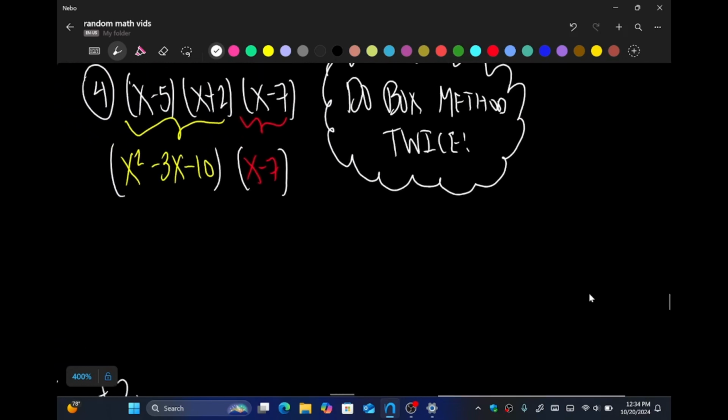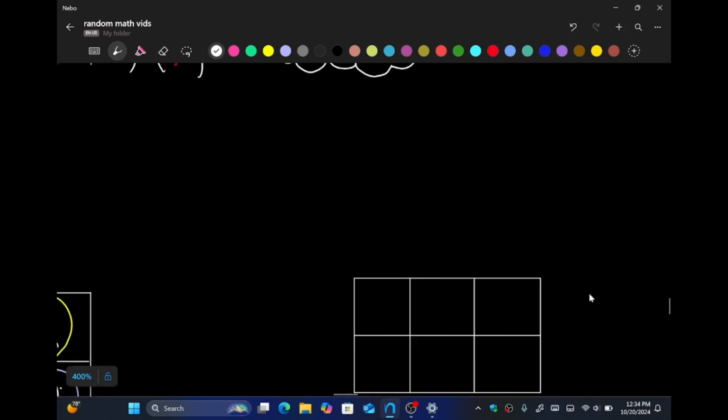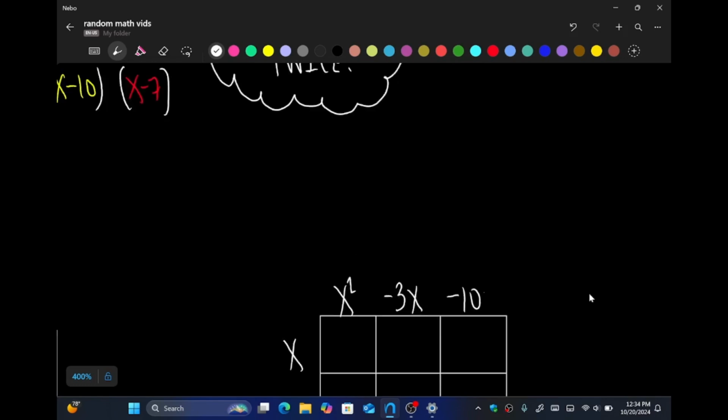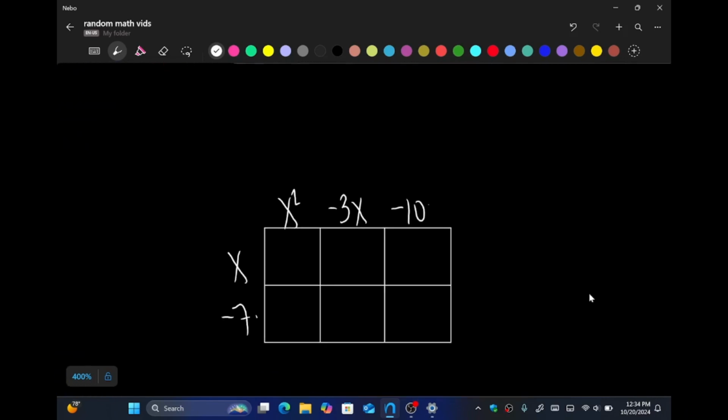Okay, so we're going to go ahead and do it this way. So x squared plus minus 3x minus 10, right? And then x minus 7, right? So now again, we're going to multiply. So this is x cubed. Negative 3x times x is negative 3x squared.